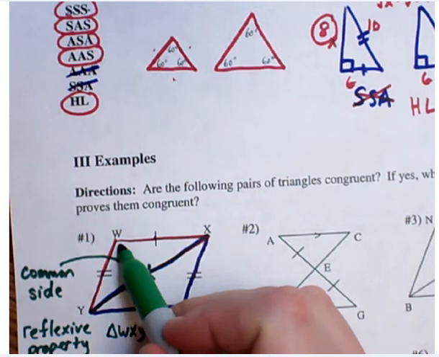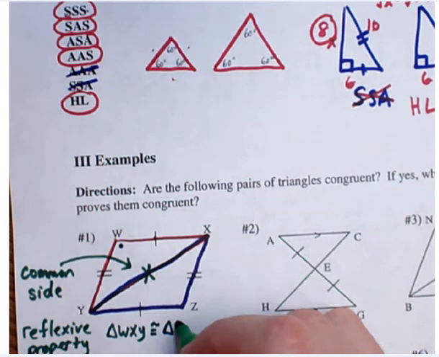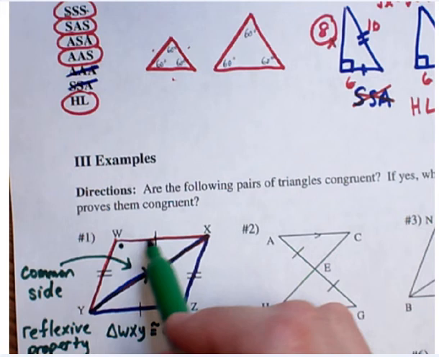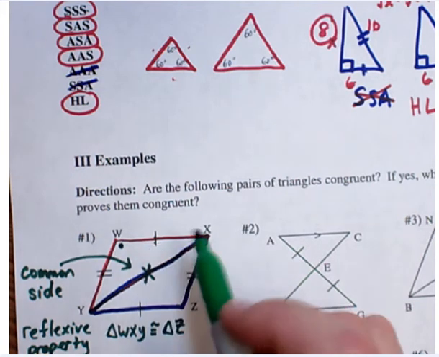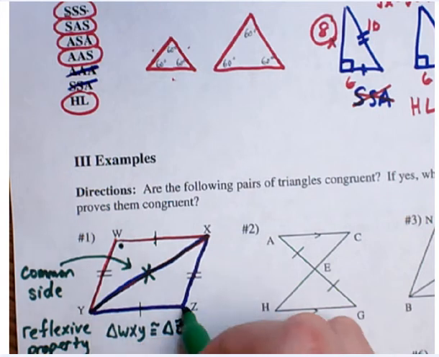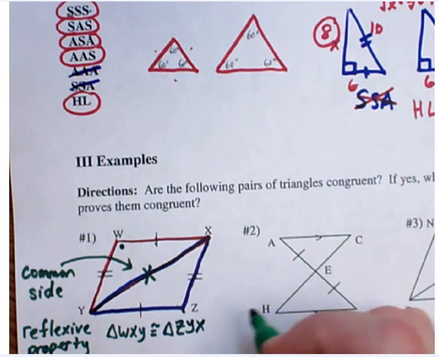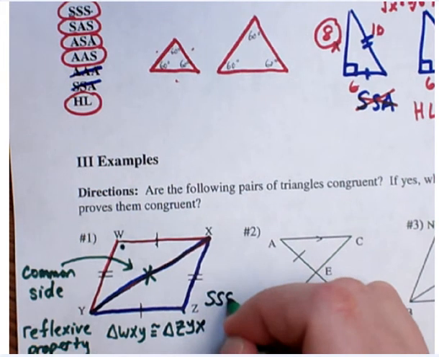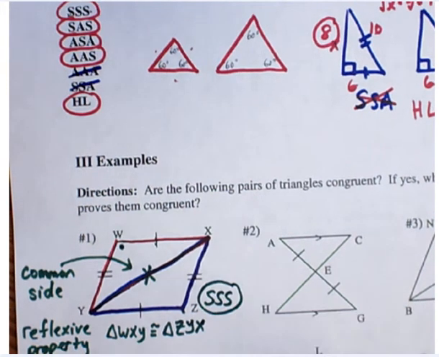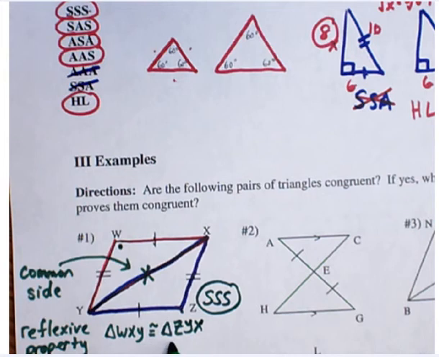Now let's see, W is going to correspond to Z. Now W to X, that's the mark of 1. So Z has got to go to Y. That's the mark of 1. Z, Y, X. That's how I match it up, and we'll say side, side, side. Okay? That's the triangle congruence statement. This is the postulate that proves it.